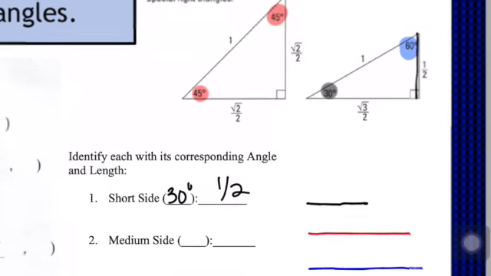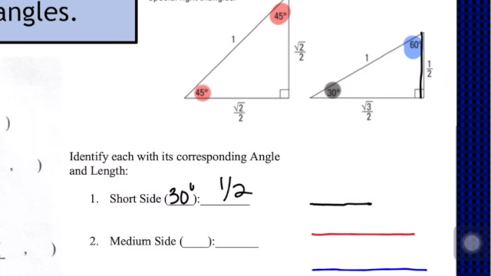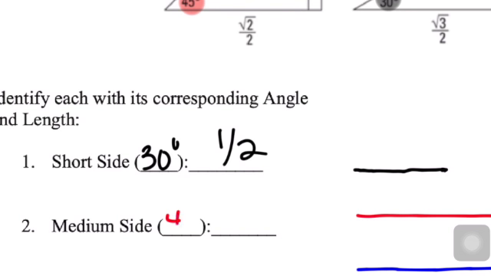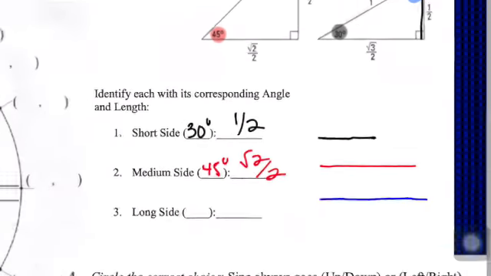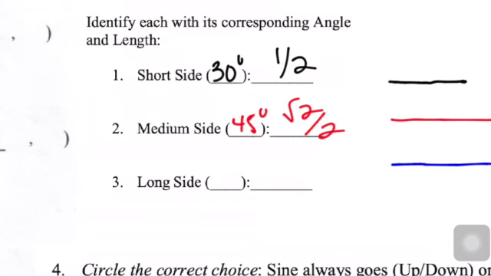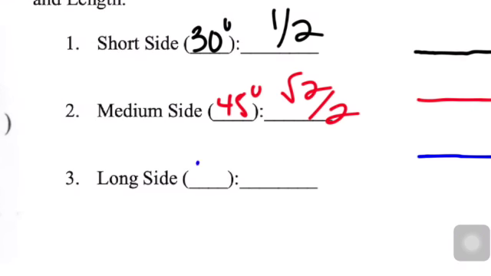Then I have my medium length, or you can say middle side, whatever works for you, but we know that the medium side is going to be the 45 degree angle, and that is going to be the measurement radical 2 over 2. And then lastly, we have our longest side, which is the side opposite the 60 degrees, which is equal to radical 3 over 2.